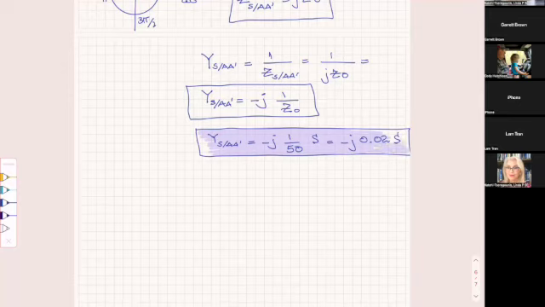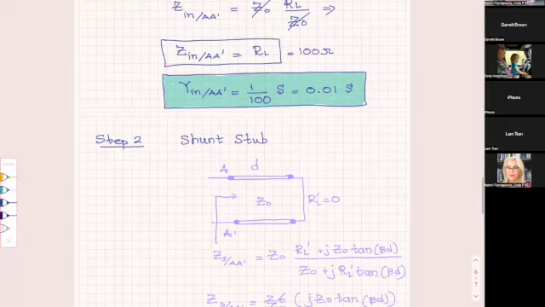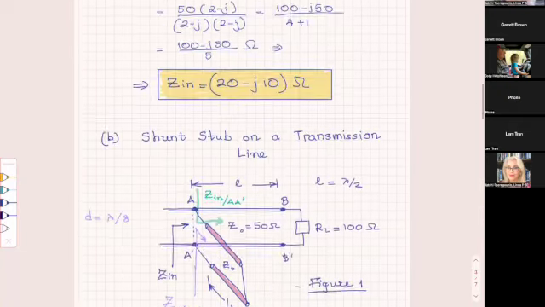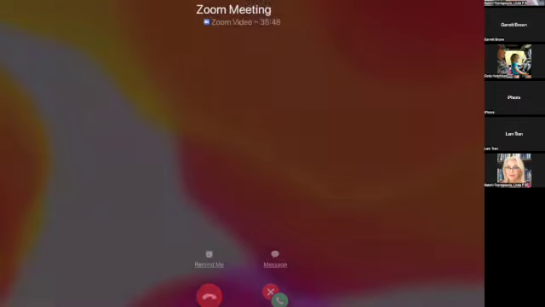So let's see what we get. Now step 3, we have that Y input at AA prime is equal to Y, how much do we call this one? We called it the same.